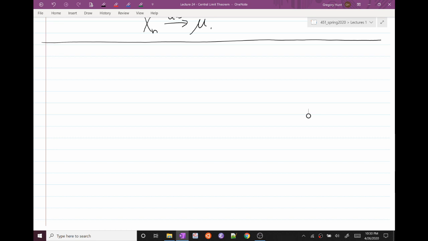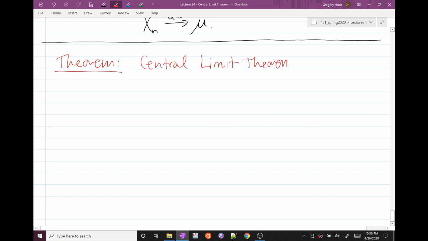So, a theorem called the central limit theorem. And the central limit theorem is a centrally important theorem. It's probably one of the most important theorems in all of mathematics. It's a very powerful theorem.